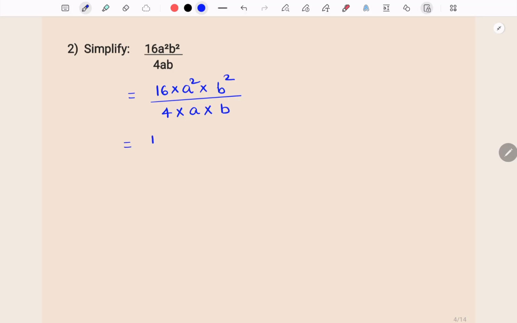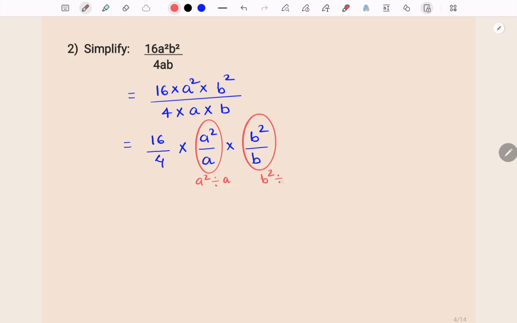I can separate this as 16 divided by 4 multiplied by a squared over a multiplied by b squared over b. Now look carefully that a squared over a is actually a squared divided by a, and this term here, b squared over b, is b squared divided by b.